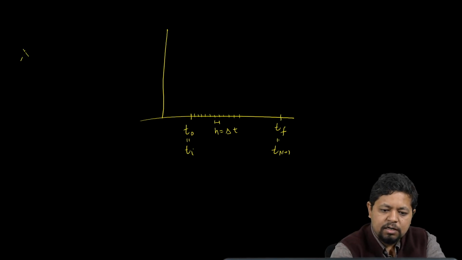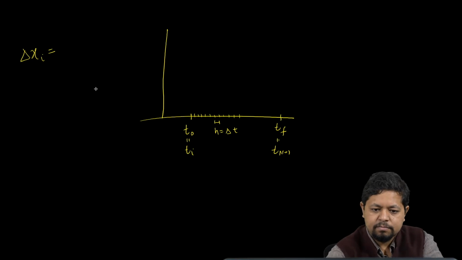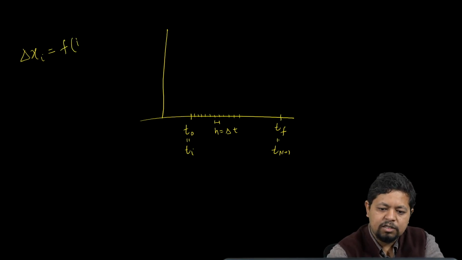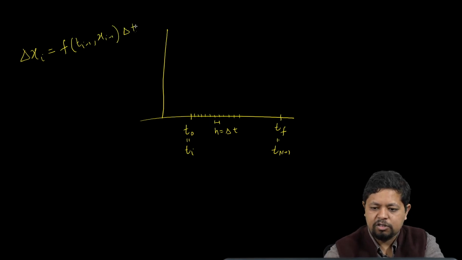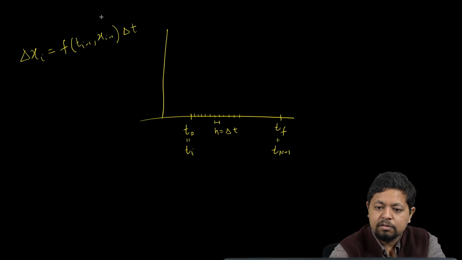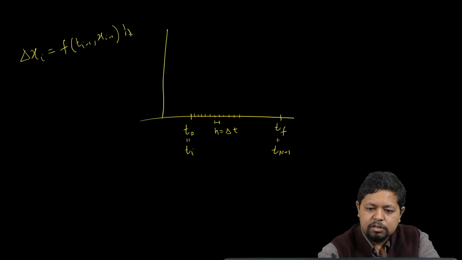That means delta xi was calculated as f evaluated at ti minus 1, xi minus 1 times delta t, or h. I should write h because that is what we have been calling it. So, this is h.